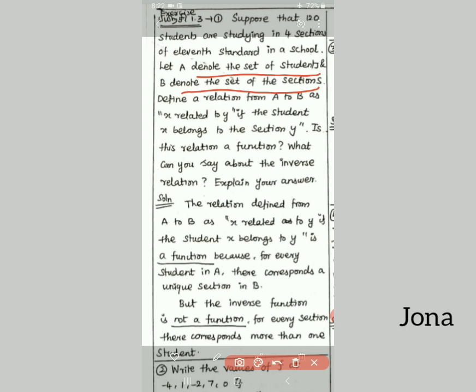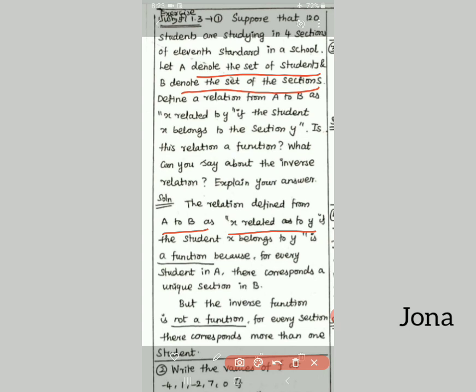We can go to the problem now. The relation defined from A to B as x related to y if the student x belongs to y. Set A has a number of students, a group of students.